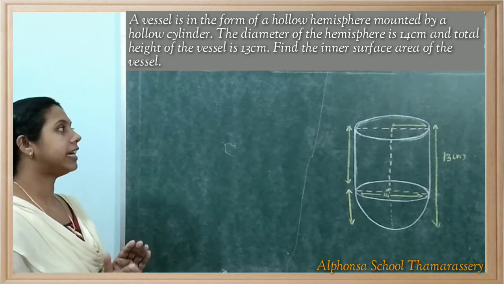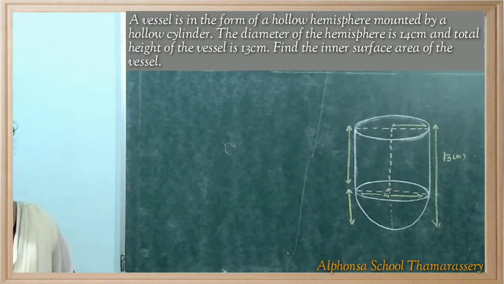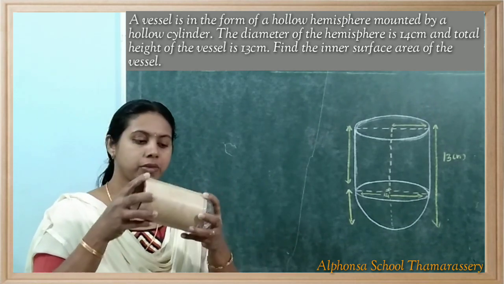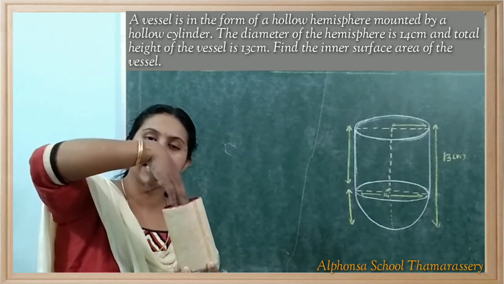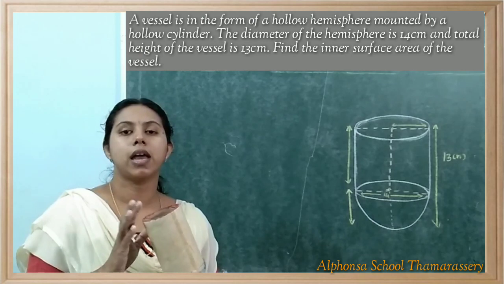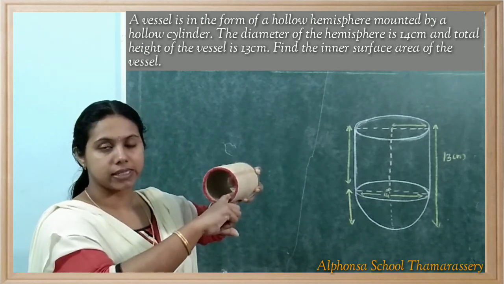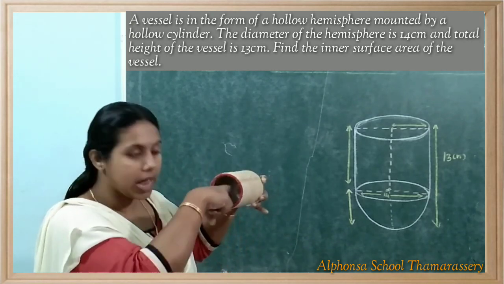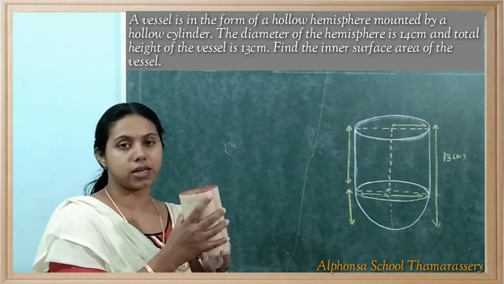We want to find the inner surface area of the vessel. Here there will be a cylinder and a hemisphere, and the vessel will be in this shape. That means the inner surface of this cylinder plus the inner surface area of the hemisphere. It's not the outer surface.